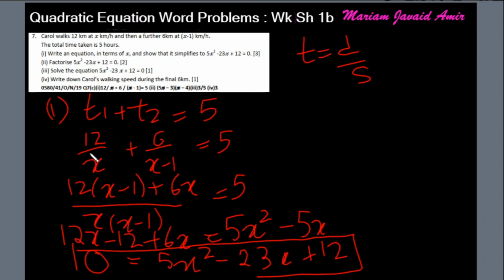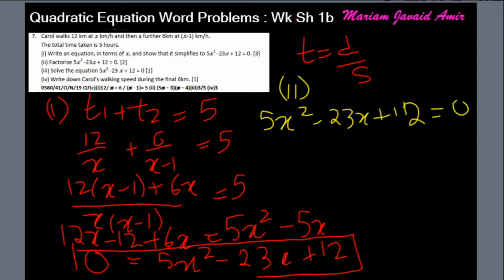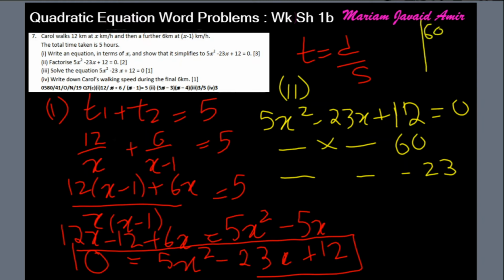Part 2 says factorize this. We'll simply factorize this equation, which means we'll do the middle term breaking. The multiplication should give 5 times 12, which is 60, and the addition should give minus 23. What would be the two numbers which give us this combination? Can't tell that orally, so I would rather take factors of 60: 2 times 30, 2 times 15, 3 times 5, and 5 times 1.